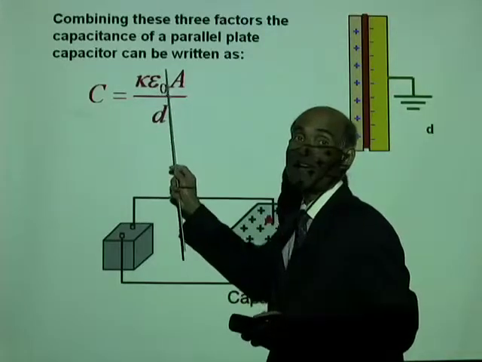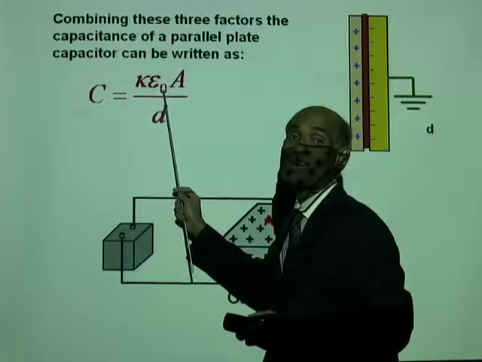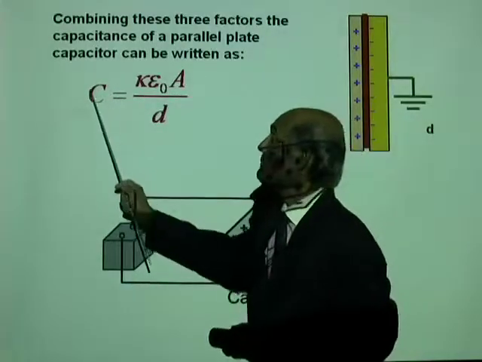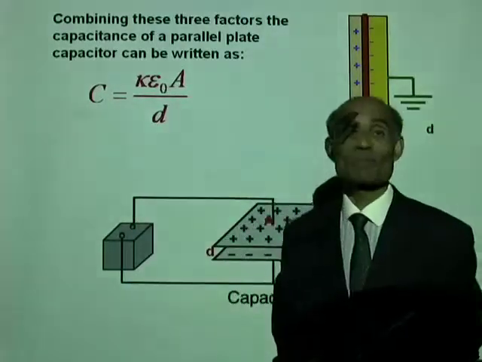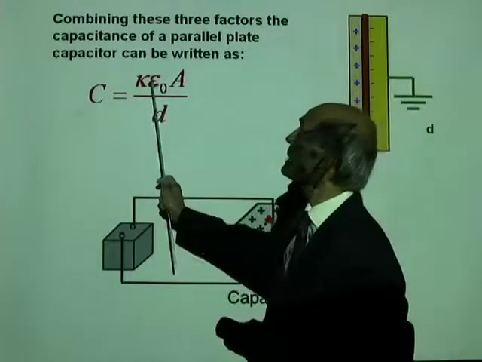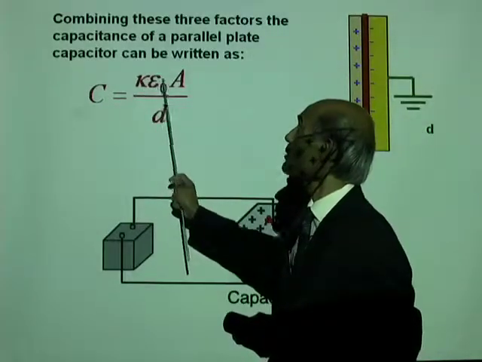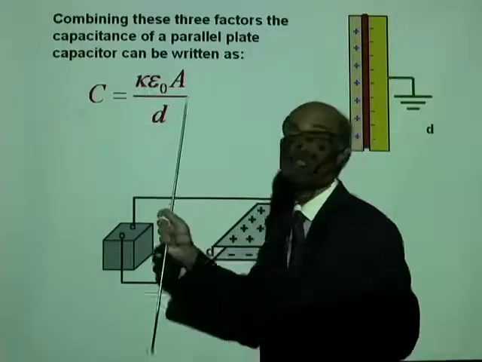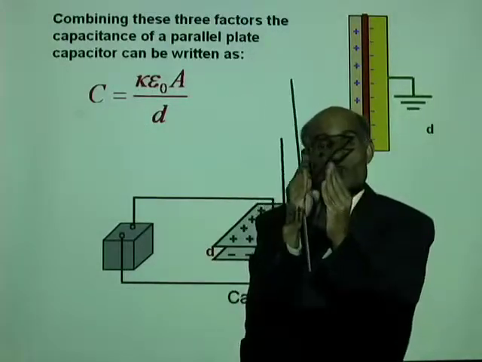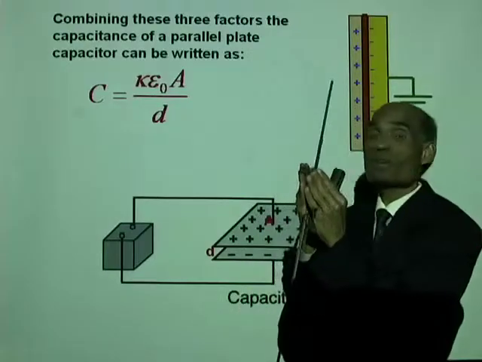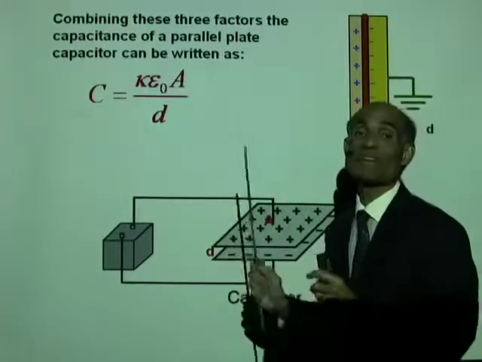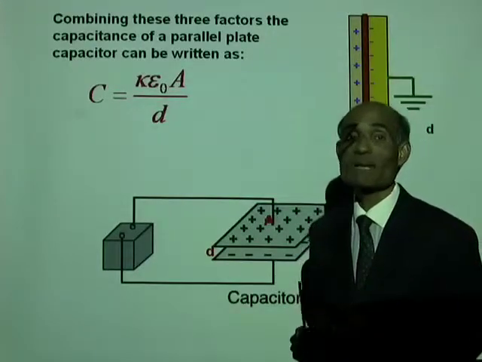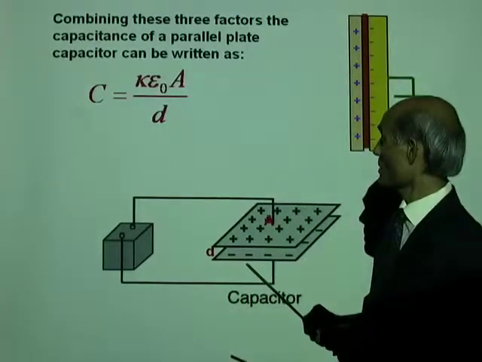Epsilon naught is the constant there. So the capacitance of a parallel plate capacitor equals kappa epsilon naught A over D, where kappa is the dielectric constant of the dielectric between the plates, A is the area of the plates, and D is the plate separation.